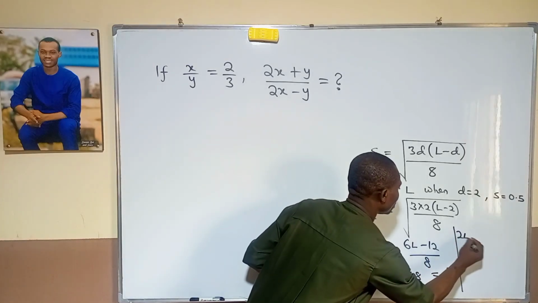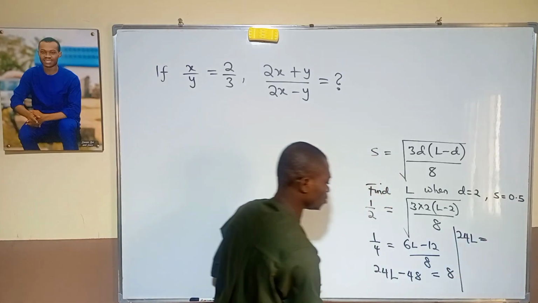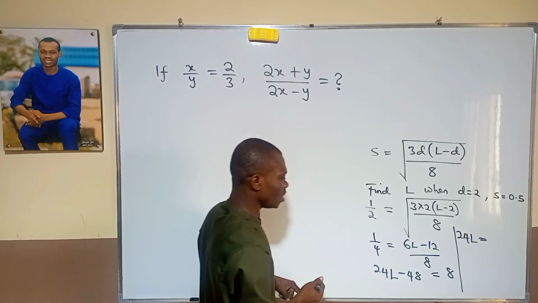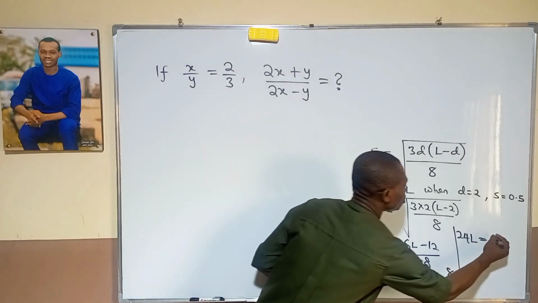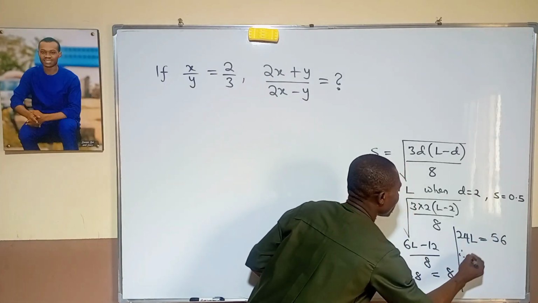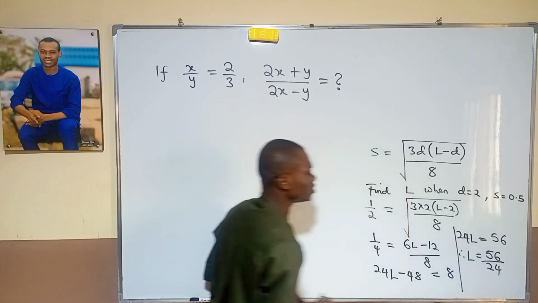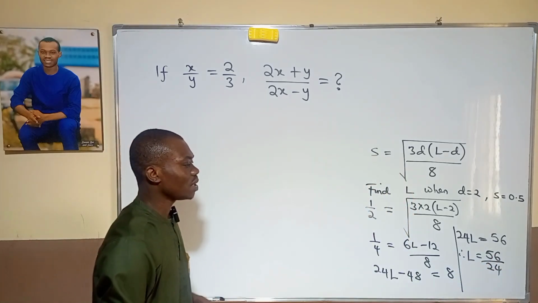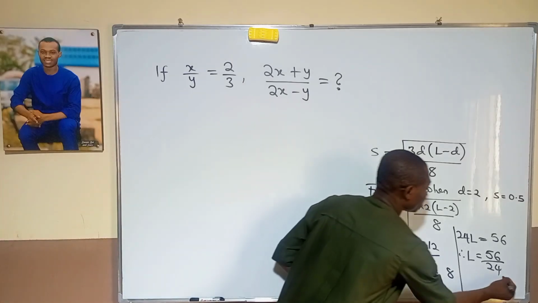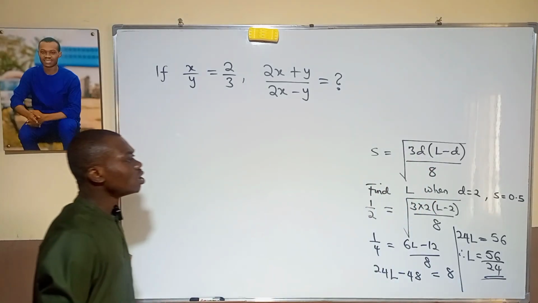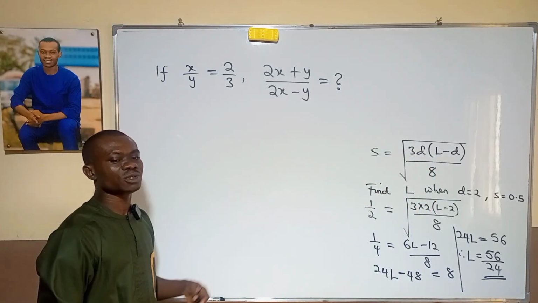This is going to give me 24L is equal to, this coming over here, 8 plus 48, which will be 56. And so my L is 56 all over 24. You can reduce that to lowest terms and then you will get a smaller value. Okay, so that's what you do with substitution.